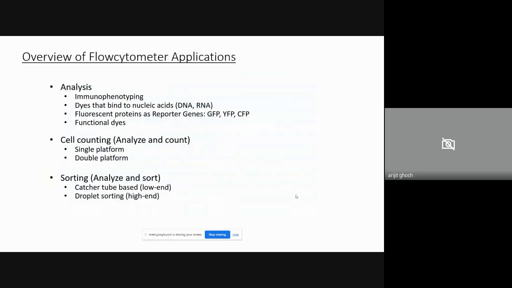Now, what are the applications of flow cytometry? There are many applications, and one is immunophenotyping, to detect surface markers and diagnose disease in different types of patients.